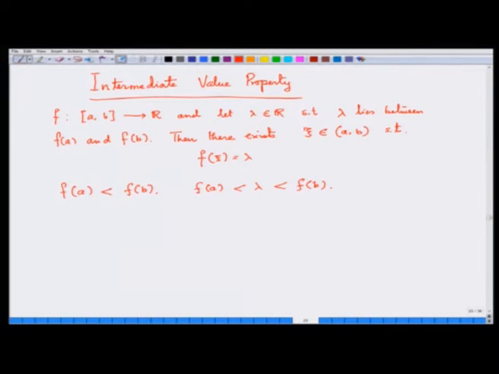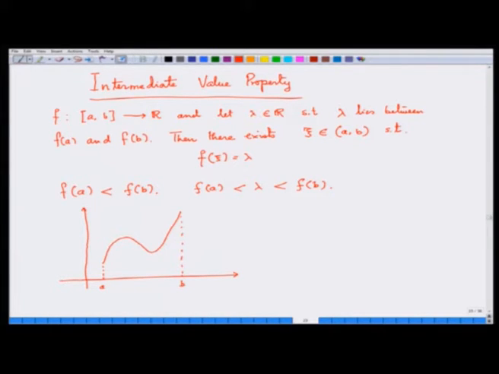Now this is a very important result. If you draw a picture, it looks like this. So here is some continuous function. This is my b and this is my a.